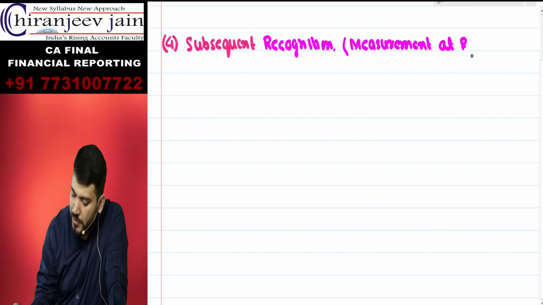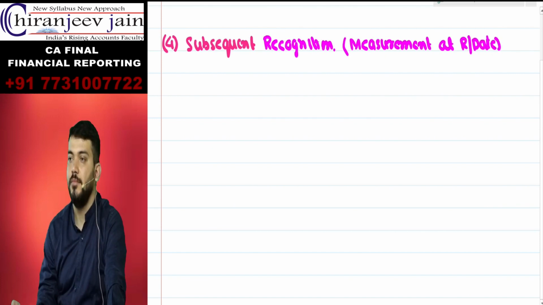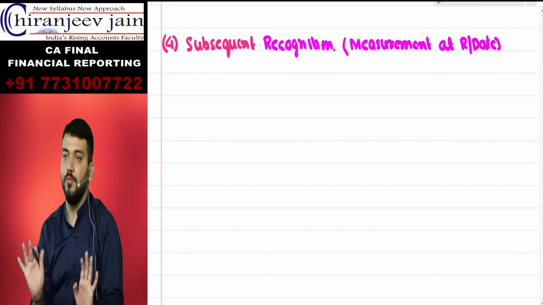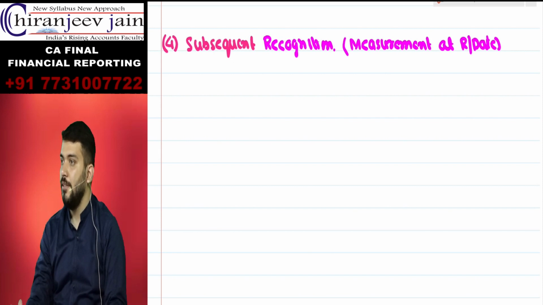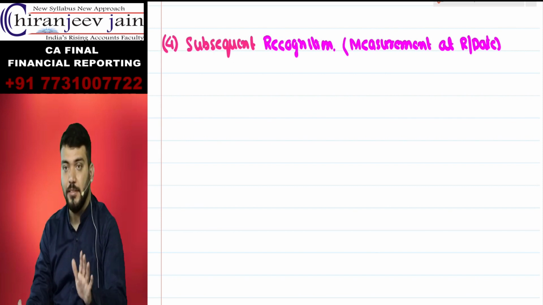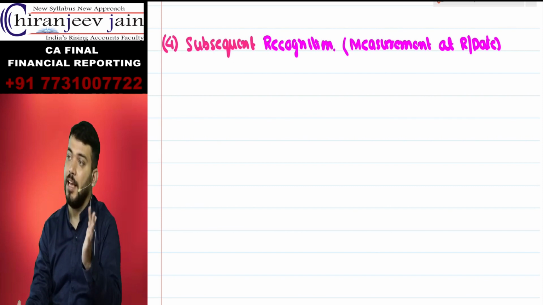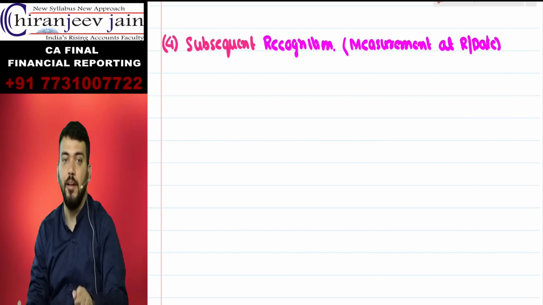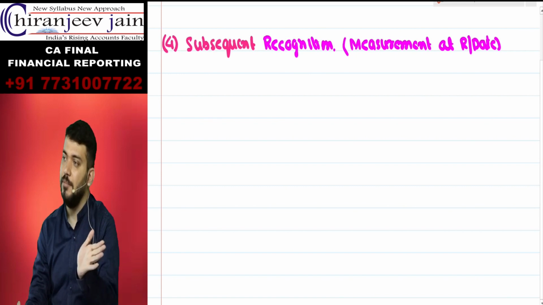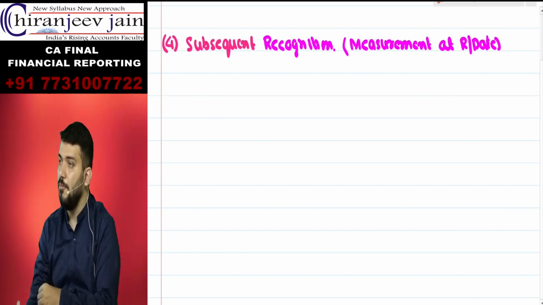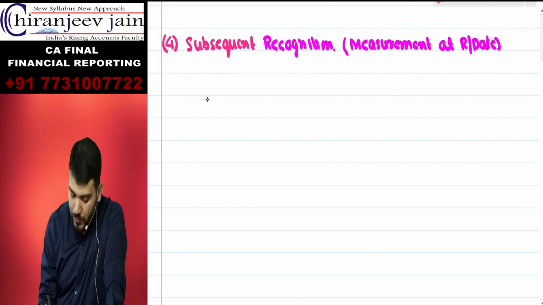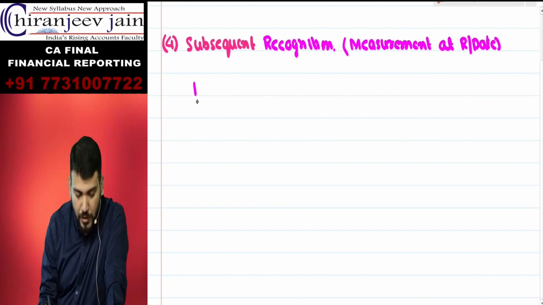Now, for this they have said only which model? Cost model. Means fair value model has not been given as an option for investment property. However, as per IAS 40, it is as per cost model and fair value model. But here they have deleted the fair value model for investment property. Why? Very good question.